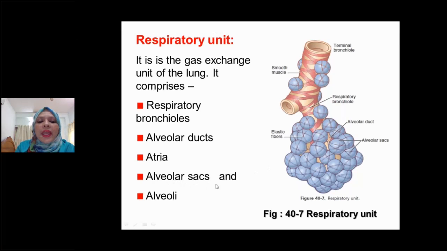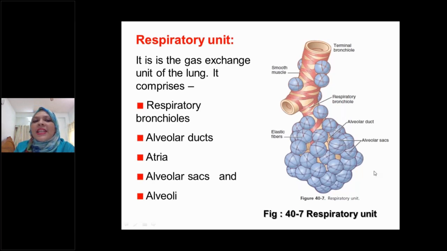Then alveolar sac. Now alveoli. These 5 things: respiratory bronchioles, alveolar ducts, atria, alveolar sac, and alveoli. This figure you have to draw in your written exam. I think this figure is very easy.